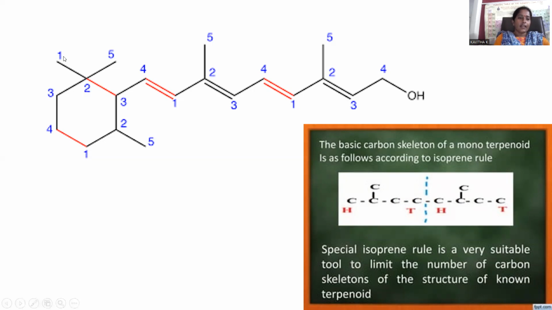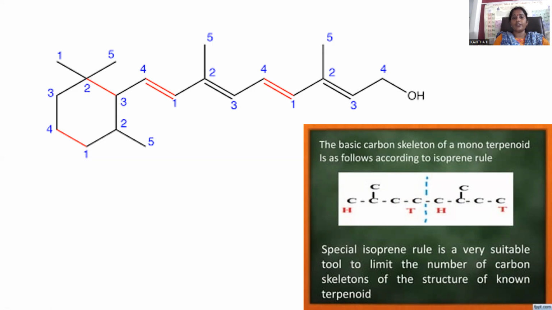So that 1, 2, 3, 4, another isoprene we can notice. This is one isoprene unit, and this is another isoprene unit we can locate, and this is the third isoprene unit, this is the fourth isoprene unit. So this carotenoid is composed of 4 isoprene units.